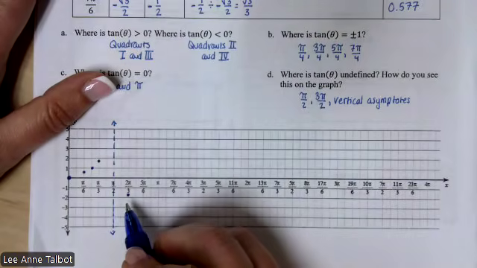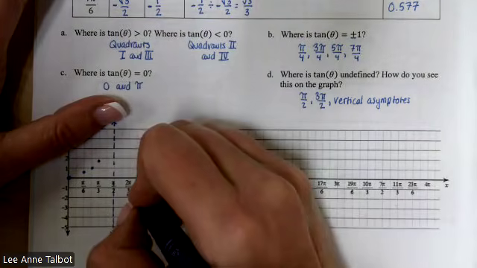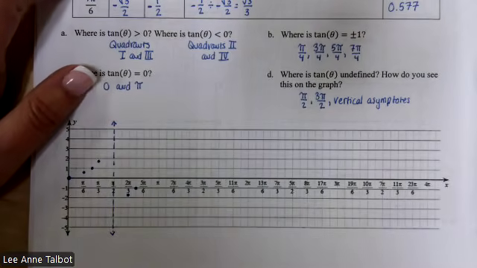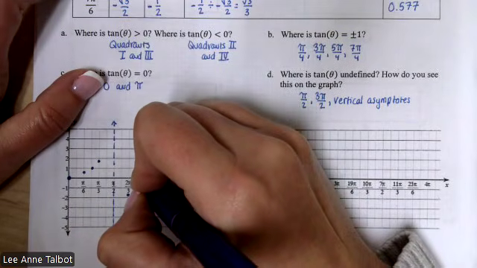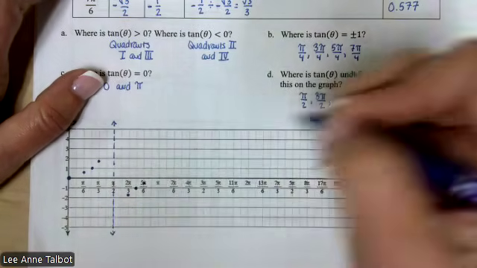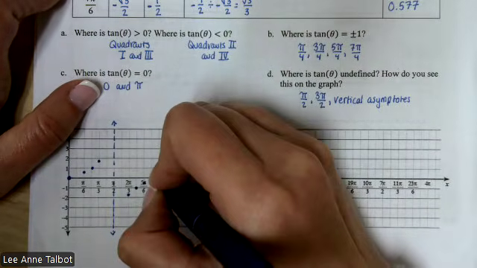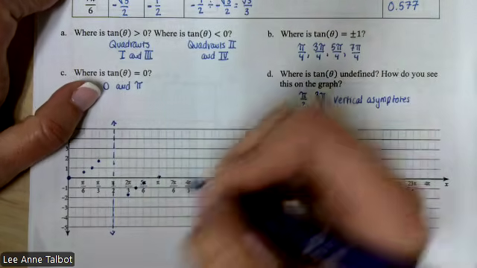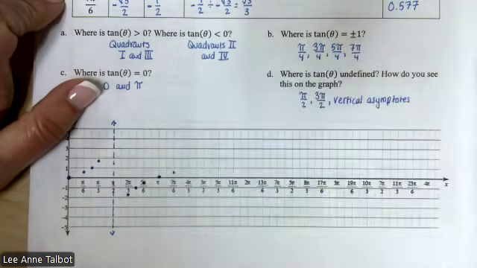Like there-ish. 3 pi over 4 is negative 1, and that's the spot in between 2 pi over 3 and 5 pi over 6. 5 pi over 6 is negative 0.577, so negative 0.6-ish. Pi is 0. And 7 pi over 6 is 0.577.